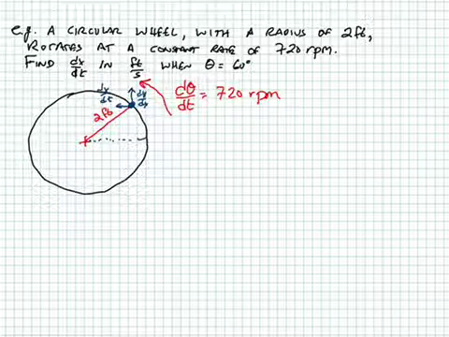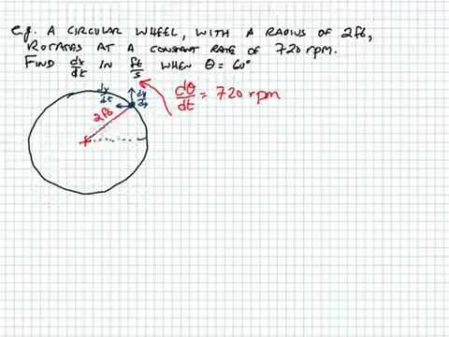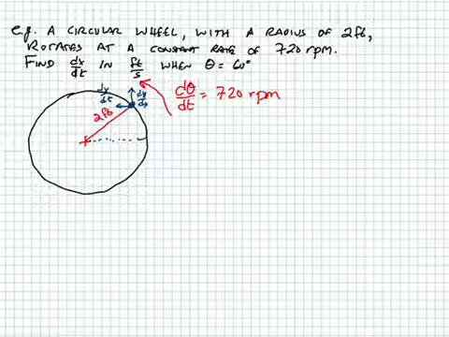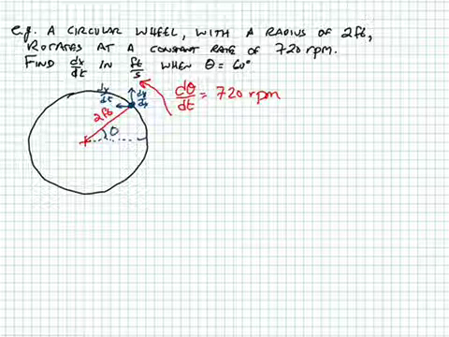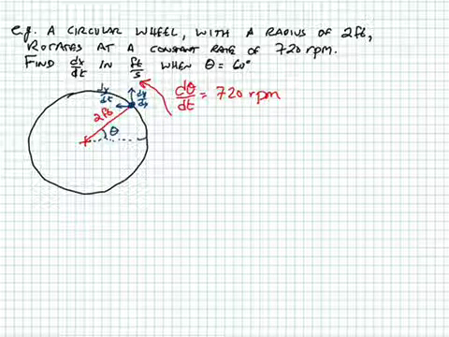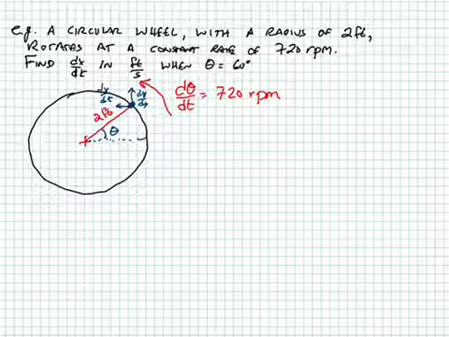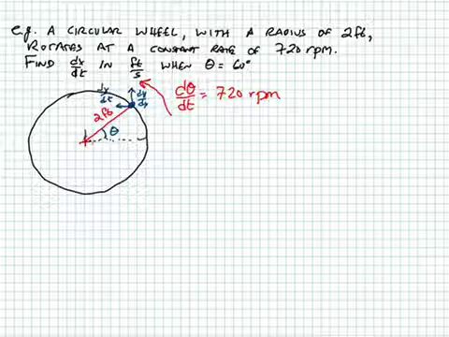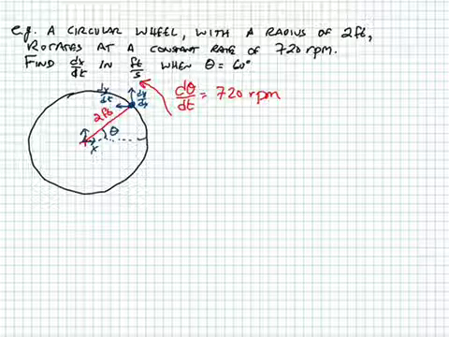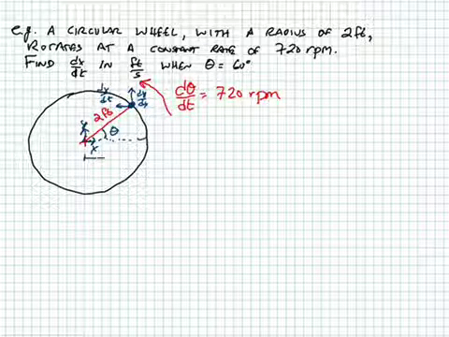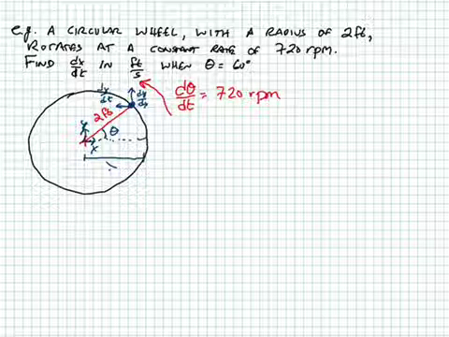But we're only looking for dx/dt in this particular case. Okay, so we've got to put in our variables. Here, this angle I'm going to call theta, and this angle is changing at a rate of 720 RPM. Then at the center of my circle, if I put my traditional xy axis, this length right here is going to be x, which is also a variable.